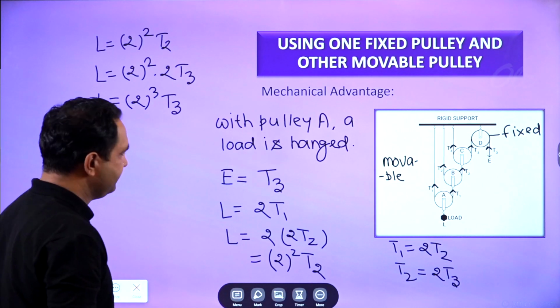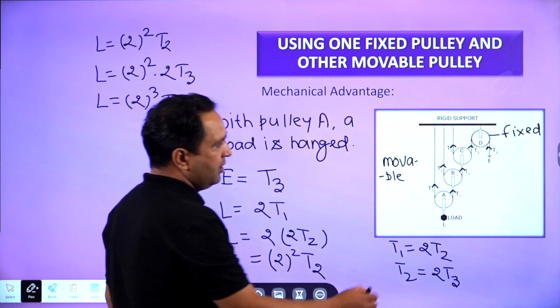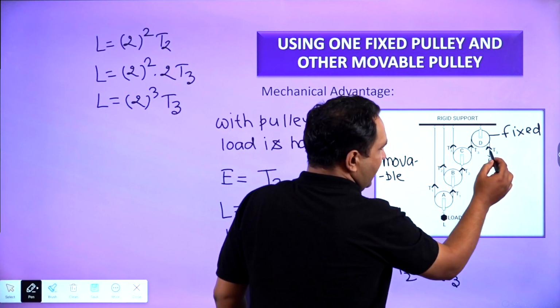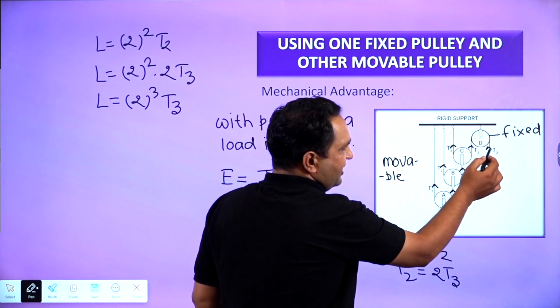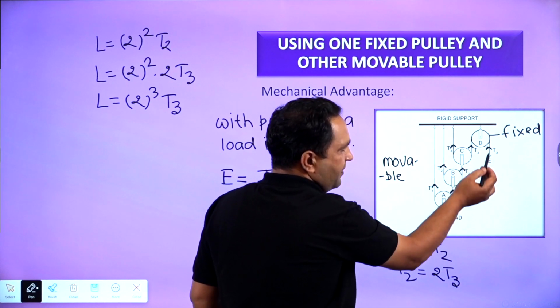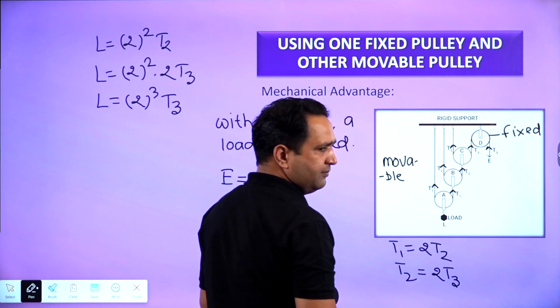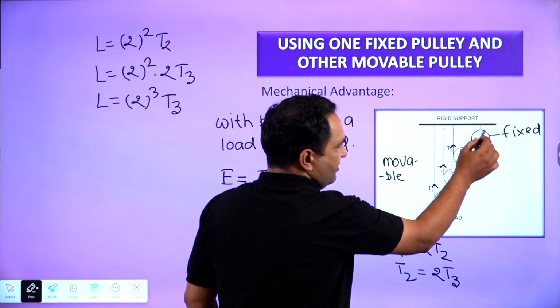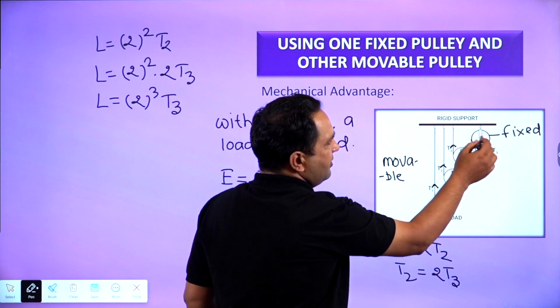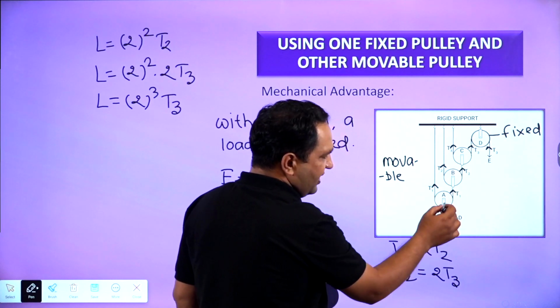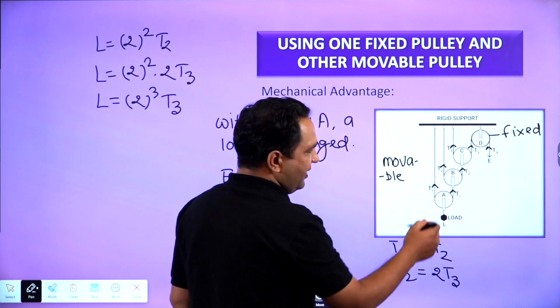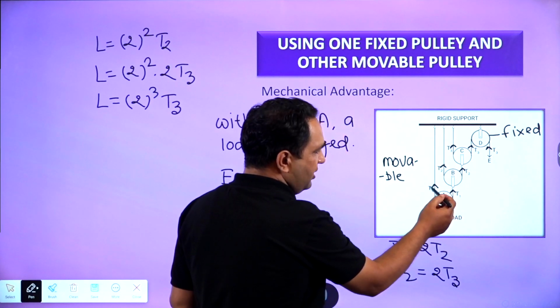Once again I am repeating: the effort which we are applying, against the effort only one force is working, and that is the tension in this rope, which is equal to T3, in pulley D. At pulley A, we are hanging some load. How many forces are working against this load?